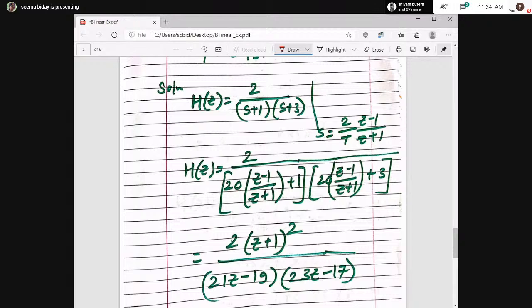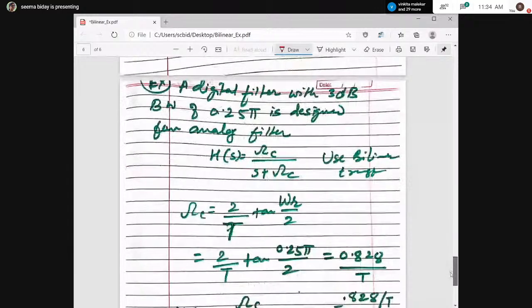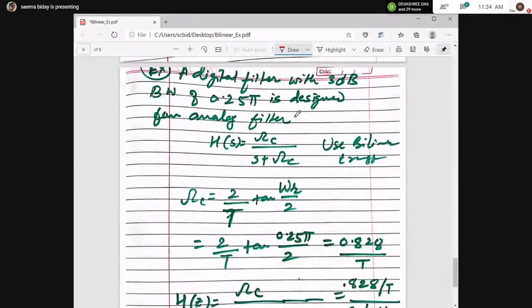Now, let us solve the last example from this bilinear. Next time we'll see impulse invariant transformation, another transformation, right? So now, take down another example: a digital filter with 3 dB bandwidth of 0.25 pi radian is designed from analog filter H of S equal to omega C divided by S plus omega C. Use bilinear transformation.